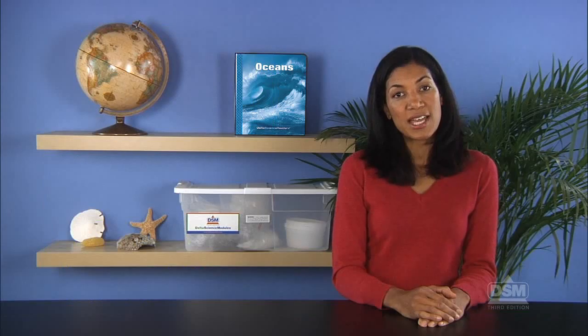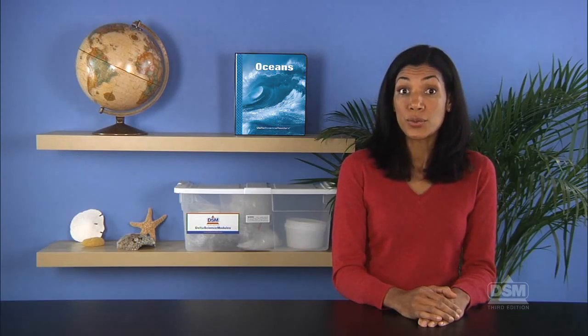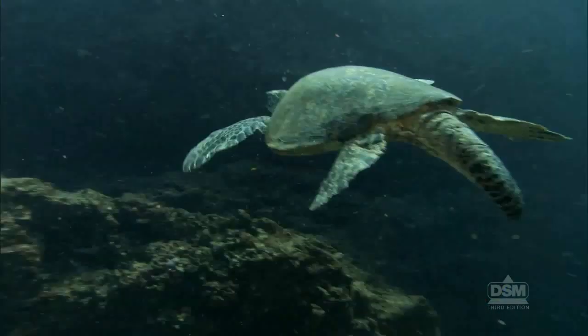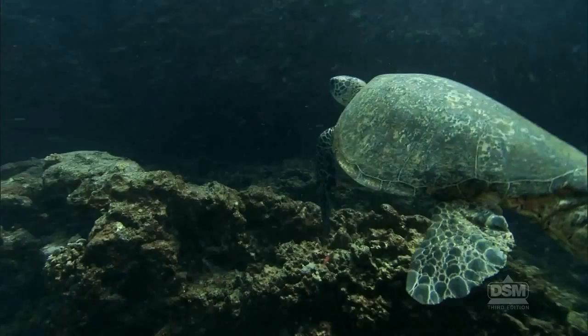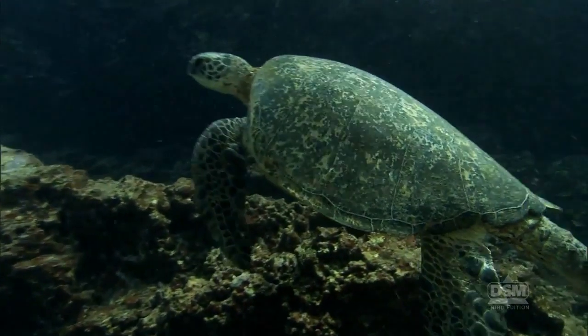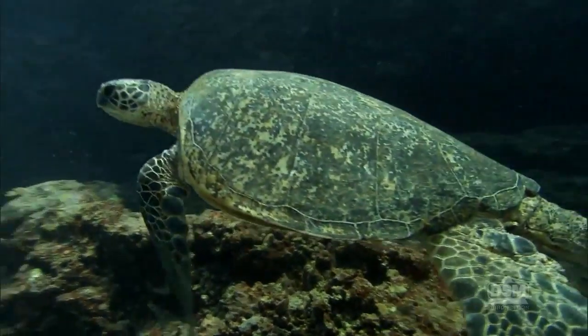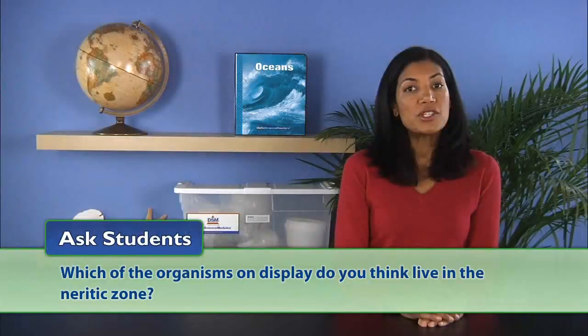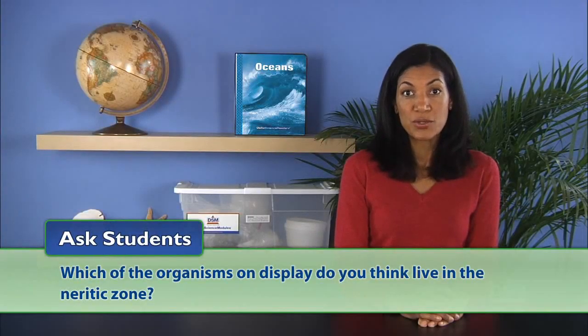Help the class understand that the animals who live in the neritic zone, the shallow ocean area over the continental shelf, are always submerged. In fact, they would not survive if they were exposed to air or direct sunlight in the intertidal zone. Ask, which of the organisms on display do you think live in the neritic zone?